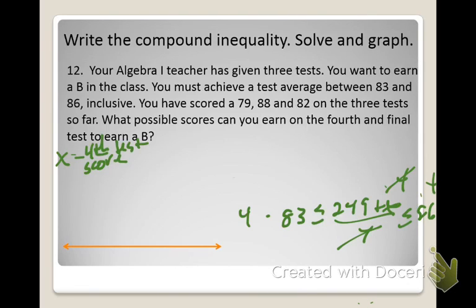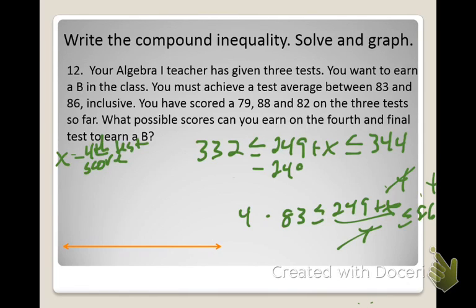Okay? 4 times 83 should be 332. And then 4 times 86, 344. Okay. And then we subtract 249.